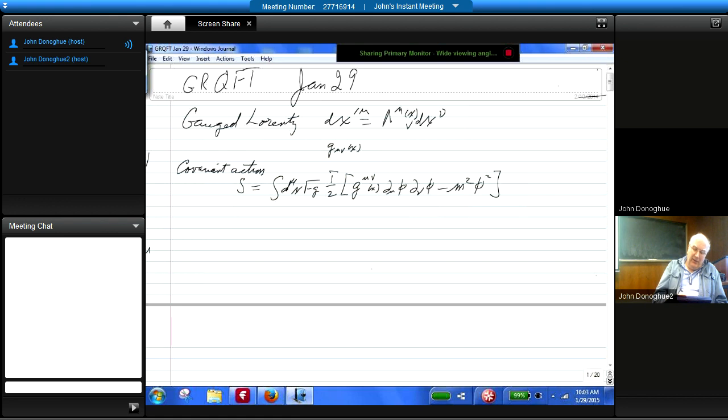So this is now invariant under this local Lorentz transformation, and it was sort of constructed that way.